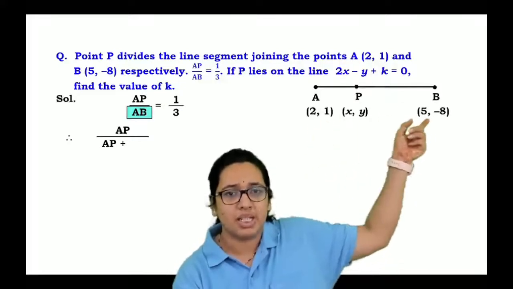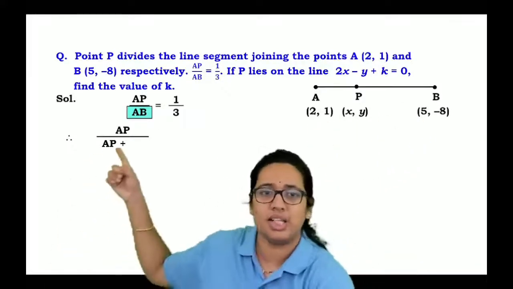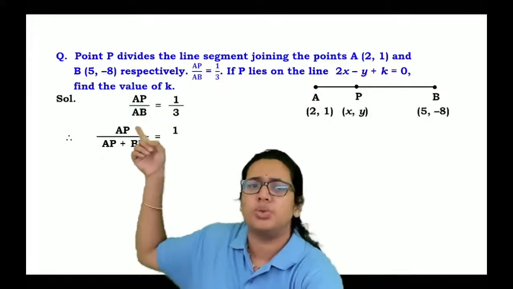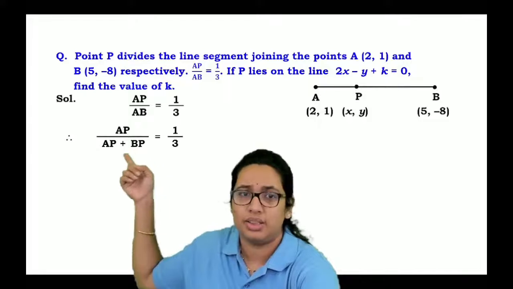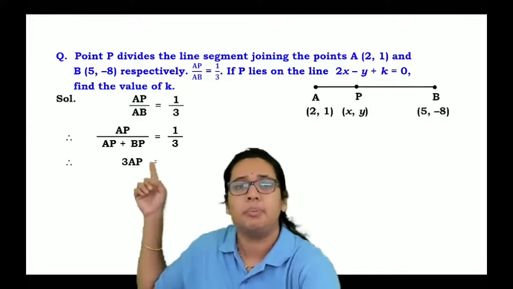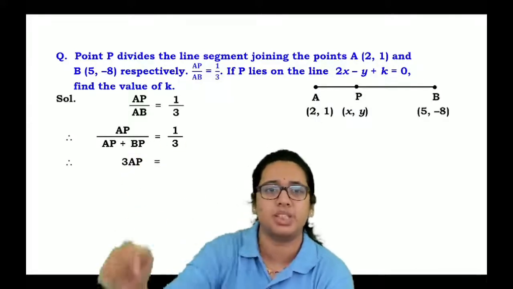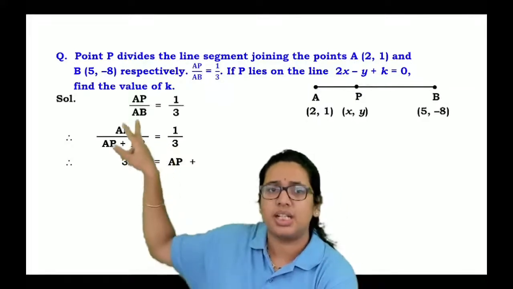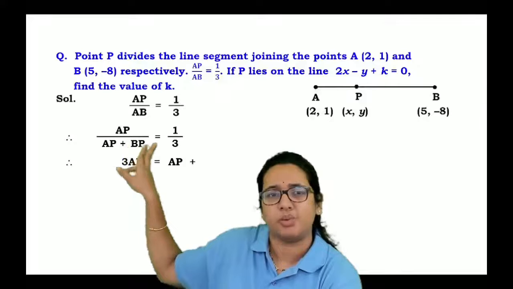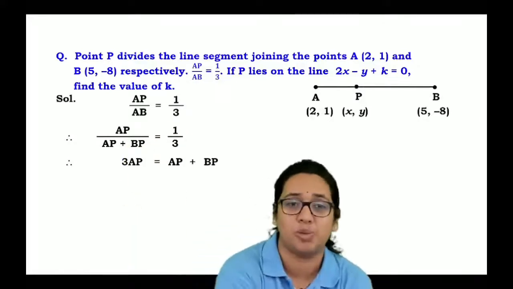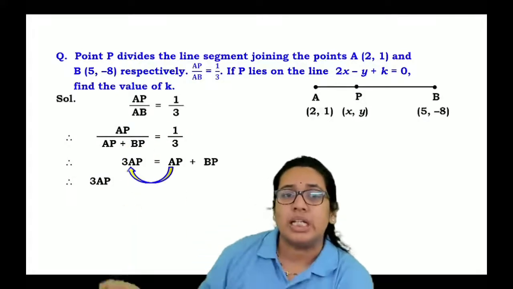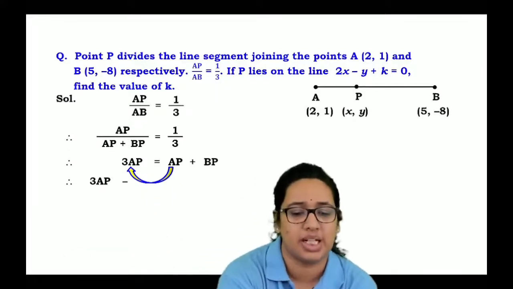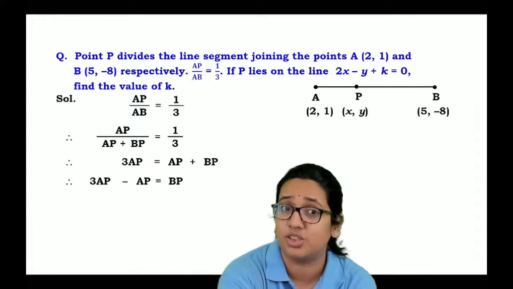We can write AB as AP plus PB, and AP is 1, so the ratio is 1 upon 3. If you consider cross multiplication, then what you will get? 3 times AP equals AP plus BP into 1, which is nothing but AP plus BP only. So the AP on the right side goes to the LHS, and it will be thrice AP minus AP equals BP.